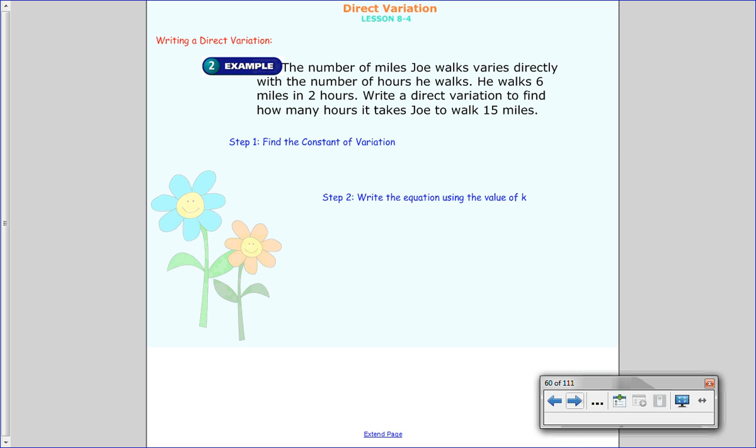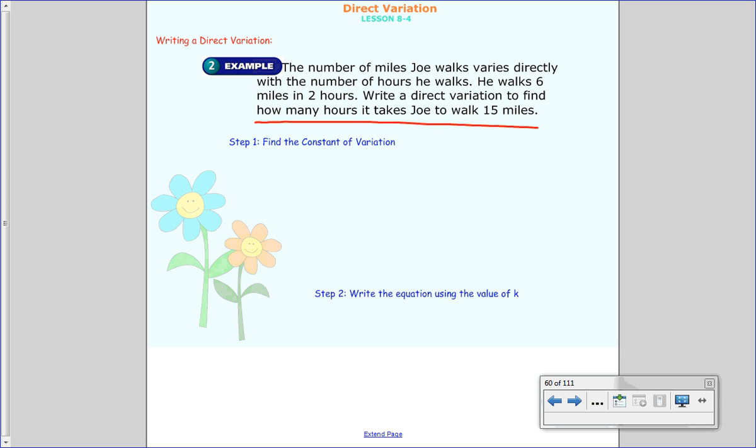So here they're taking it a step further. Not only do we have to find the constant, but then we have to use that to figure out how many hours it would take Joe to walk 15 miles. So we need to use the information they tell us here. They say the number of miles varies directly with the number of hours he walks.